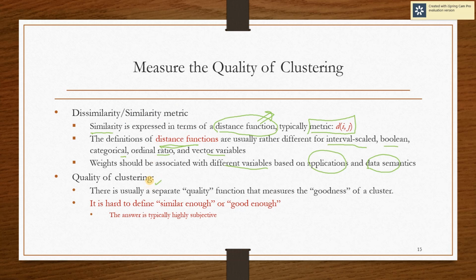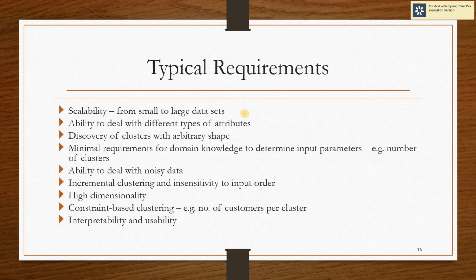For the quality of clustering, there is usually a separate quality function that measures the goodness of a cluster, but it is hard to define similar enough or good enough. And the answer to how similar or how good is enough is typically very subjective, or highly subjective.